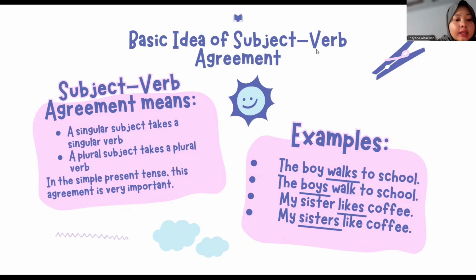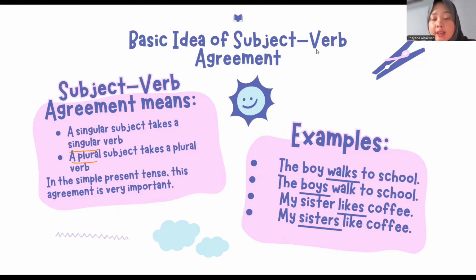If the subject is singular, the verb must be singular. And if the subject is plural, the verb is plural. In the simple present tense, this agreement is very important.